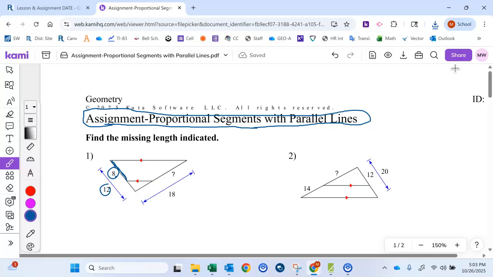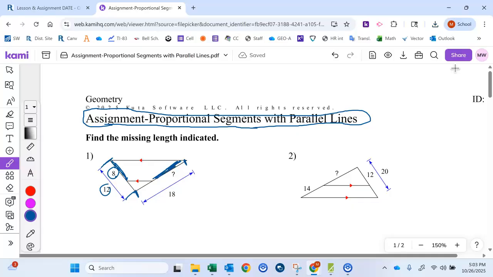Whereas 12 goes from here to here, the whole big side. So that means that the 18 is the one going from this side over here to this side. So this part right here is going to be the same as this part right here, even though it's not part of a triangle, okay?